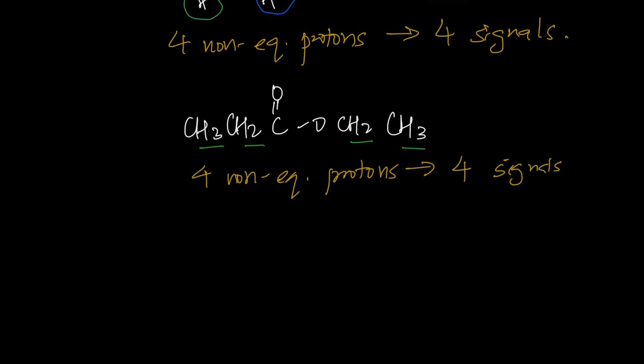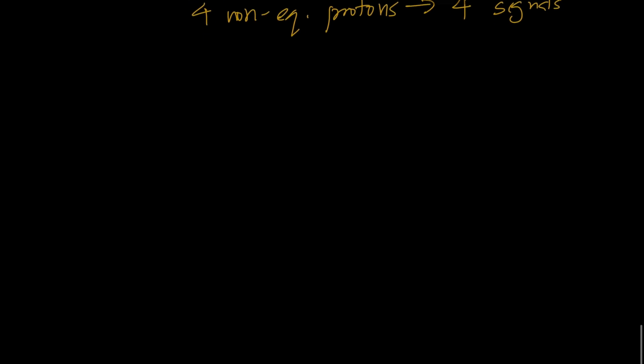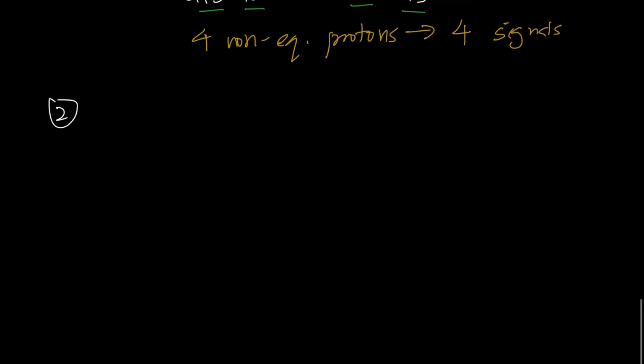So we have done with the first point, which is the number of signals. Now we move to the second point, the chemical shift value. The chemical shift is actually the position of the signal on the spectrum, like what you have seen just now. You can see the signals have different chemical shift values, maybe 1 ppm.